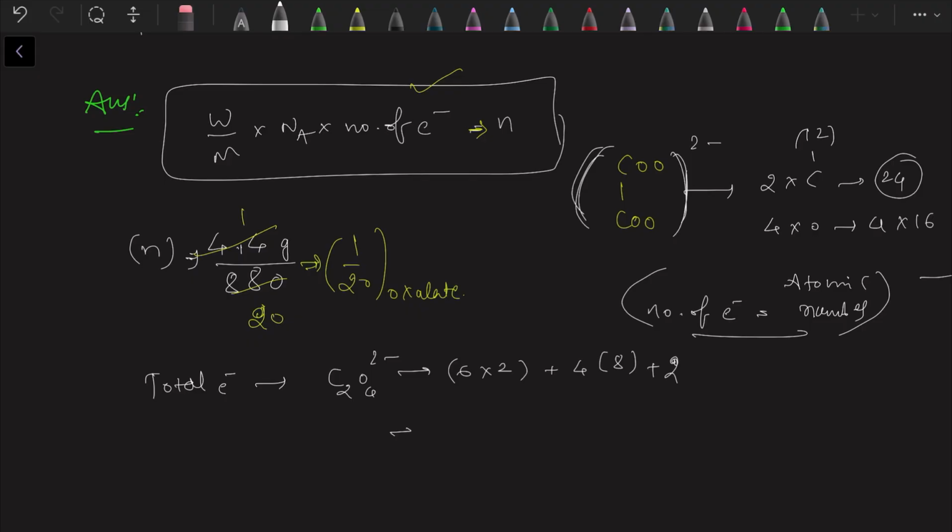So finally we are going to get 46. How? 12 plus 32 plus 2. So 46 is the total electrons.